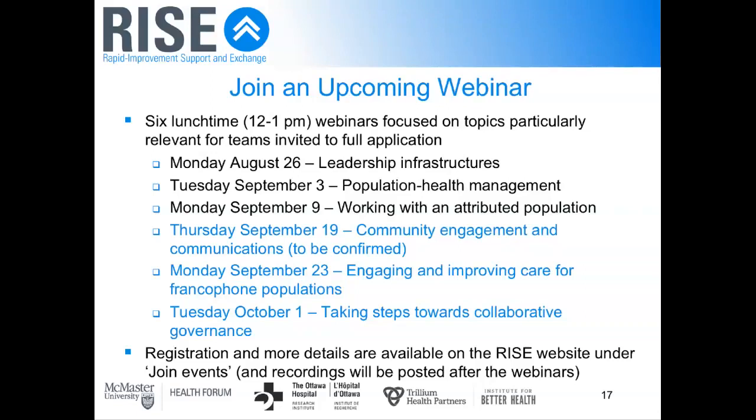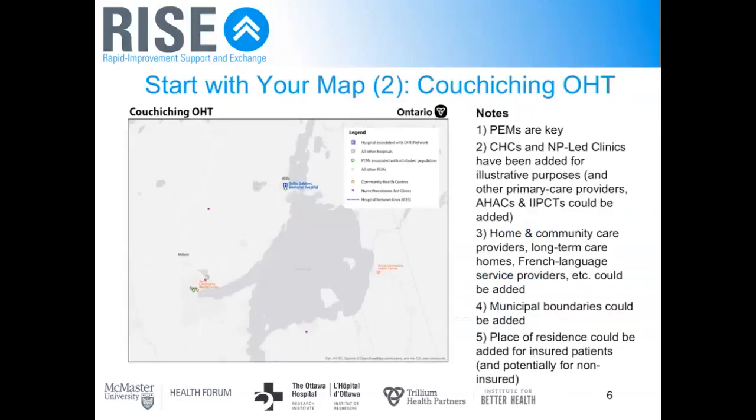I think we can continue to build them out. One thing I think everybody would like at some point is to know where the patients live and reside, in addition to where the service providers are.